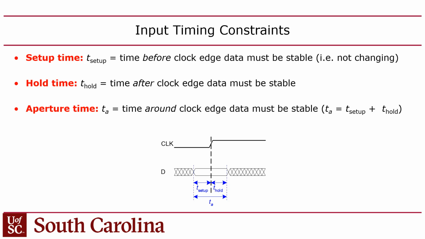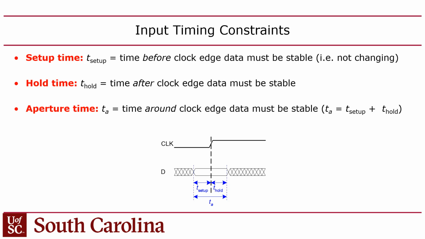Now what happens if you change the input to the flip-flop inside of the aperture, meaning you change it during the time between the clock edge minus the t_setup and the clock edge plus the t_hold? If you change it in there, the flip-flop might go into a condition called metastability, which means that the output of the flip-flop will go somewhere between 0 and 1.